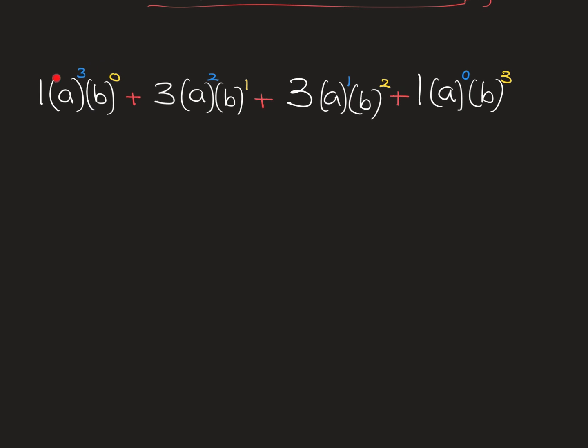Now, moving on, for this expression, we have 1 into a to the power 3 into b to the power 0. Anything to the power 0 is equal to 1. So we're going to have 1 times a to the power 3 times 1.